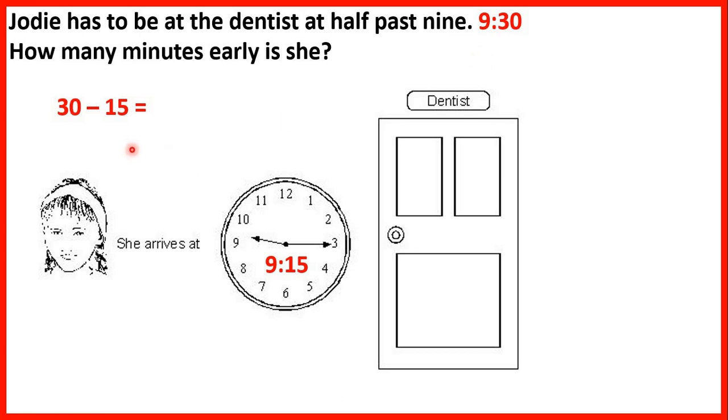So that's a difference of 30 minus 15, so 15 minutes. And that means she's 15 minutes early. She'll have 15 minutes to wait until 9:30, because remember, at 9:30, the minute hand will be on the 6.